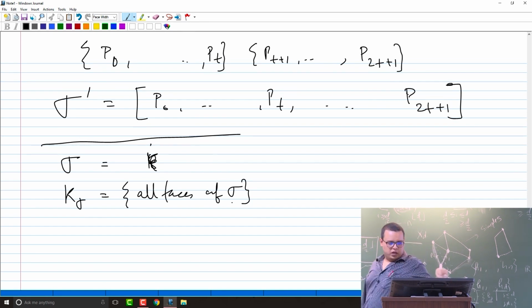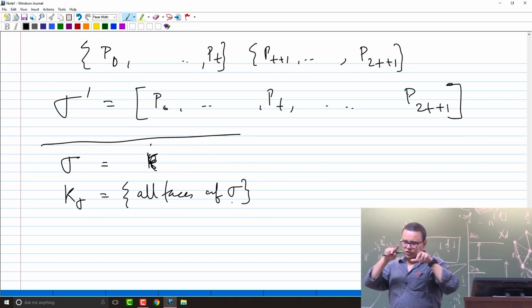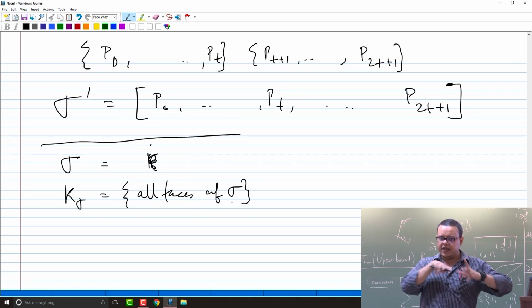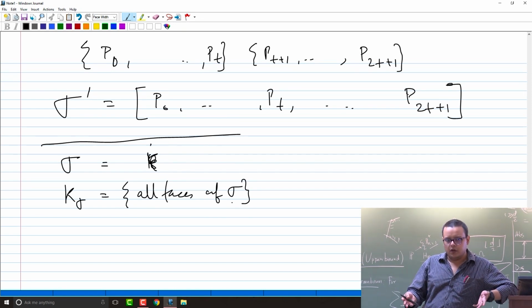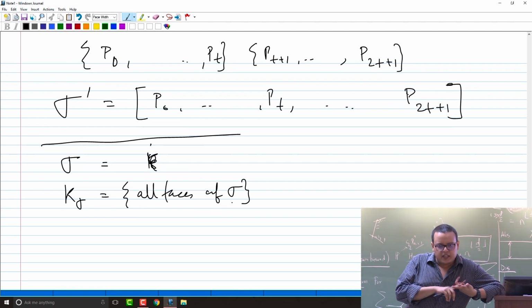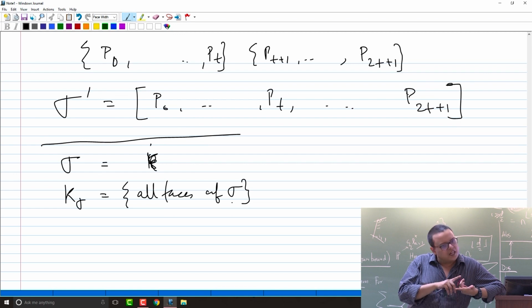You have a geometric simplex sigma and K sigma is all the faces of sigma. Is this a valid simplicial complex? It is a valid simplicial complex. That means two faces cannot intersect in the interior. They are either disjoint or they intersect at the surface of the two faces.